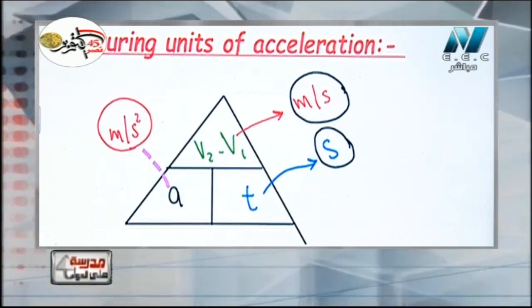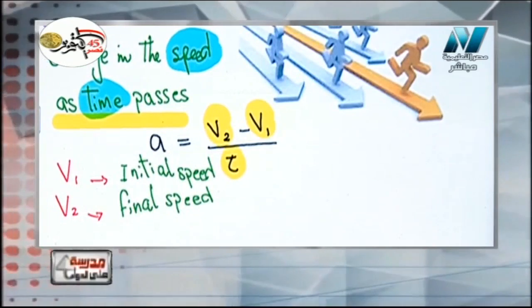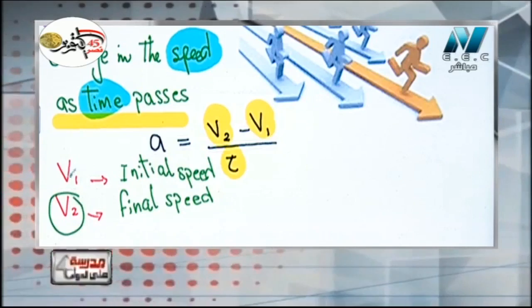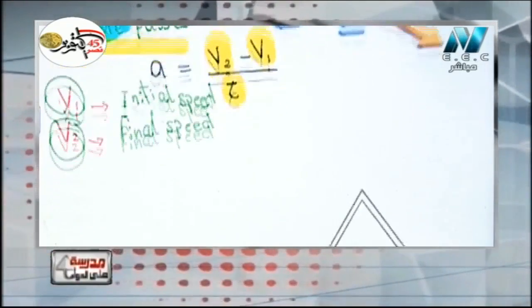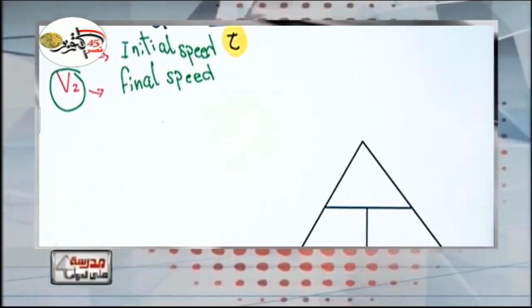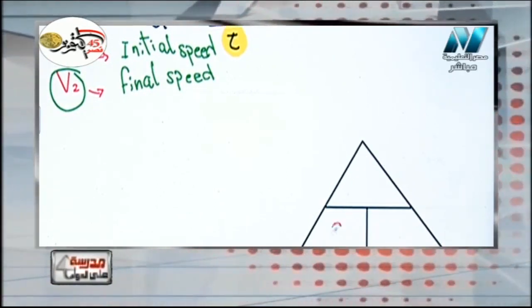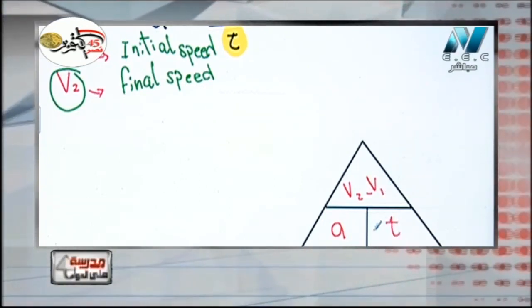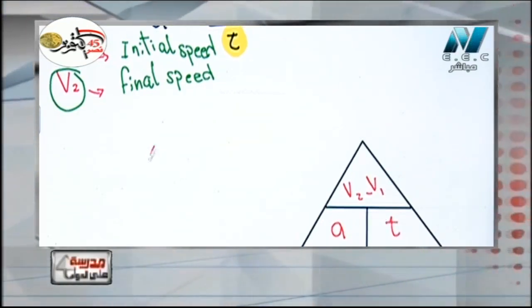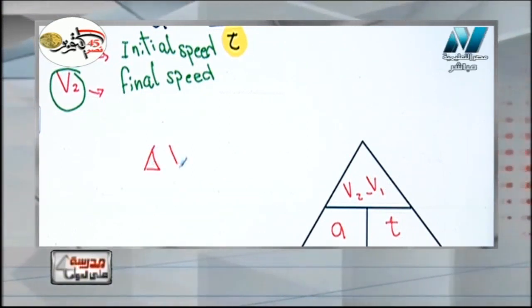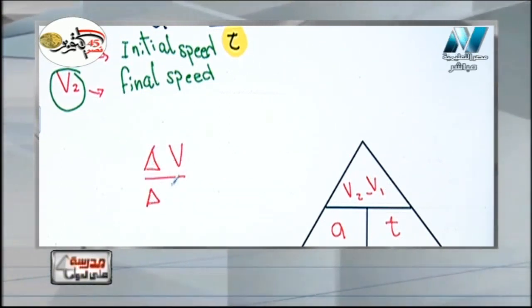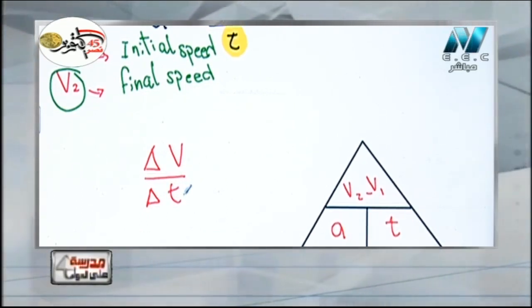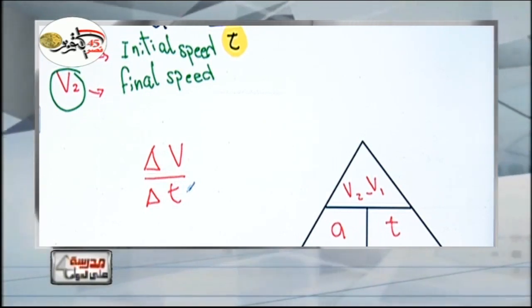And we know from the previous slide that we have final speed as V2 and initial speed as V1. From the mathematical law, we can represent acceleration as V2 minus V1 over T, or delta V over delta T. Delta means difference: delta V means the subtraction of two speeds, and delta T means the difference between two times as time passes.